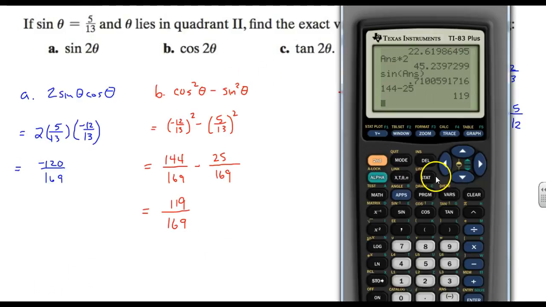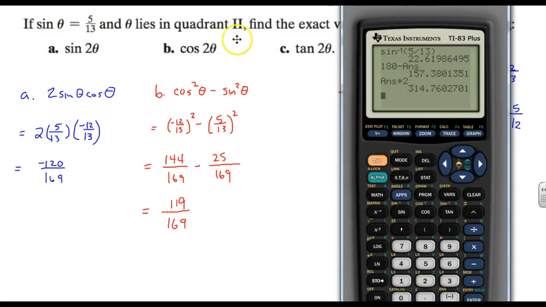Again, if we did the arcsine of the 5/13, that's the equivalent first quadrant angle. We're in the second quadrant though, so we subtract from 180. Alright, so there's my quadrant 2 angle with the same 5/13 as the sine. This is theta, or sorry, this is theta. Now times 2, it's 2 theta.